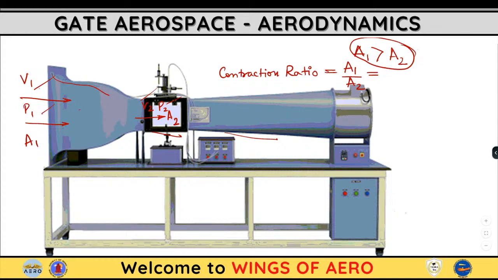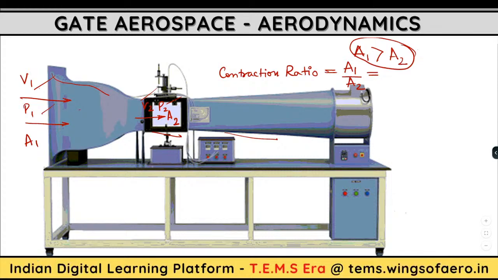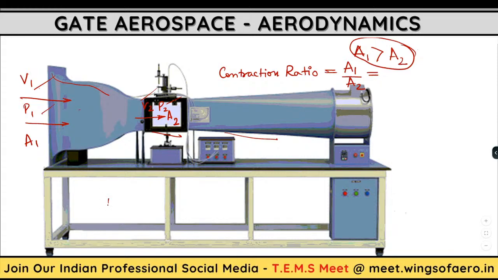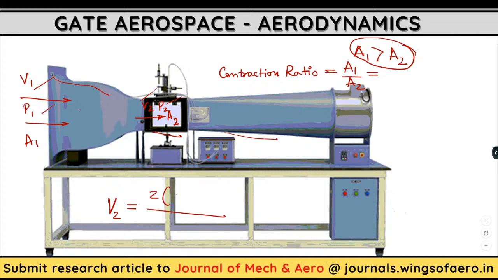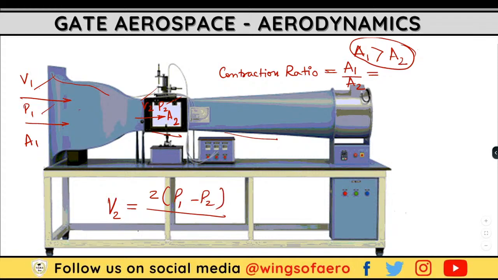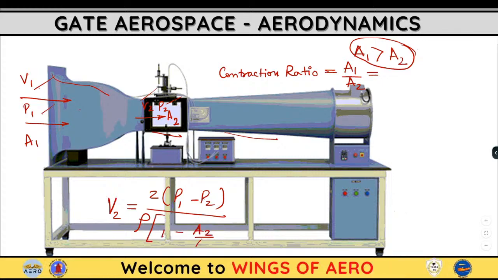So what you have to do is remember this very important formula. That is V2, the velocity at the test section, equals the square root of 2 times (P1 minus P2) over rho times (1 minus (A2 by A1) squared).